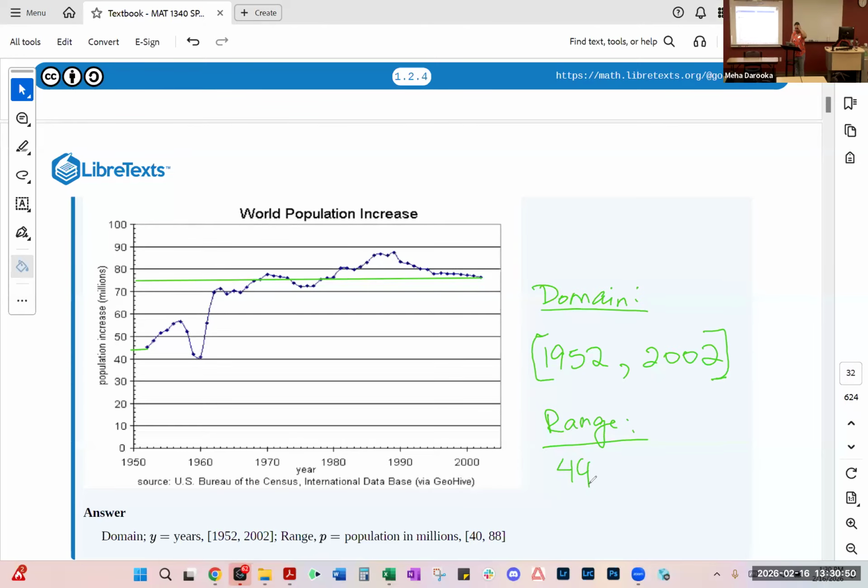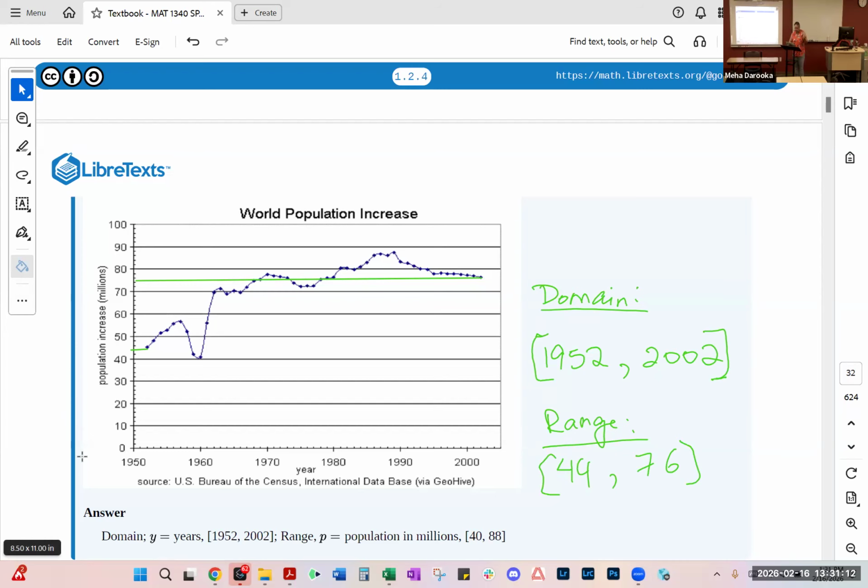And then where are we ending the population increase at? Kind of, doesn't it? Yeah, I know my line is a little off. And then again, do we include the endpoints here, guys? Yeah. So brackets all around.